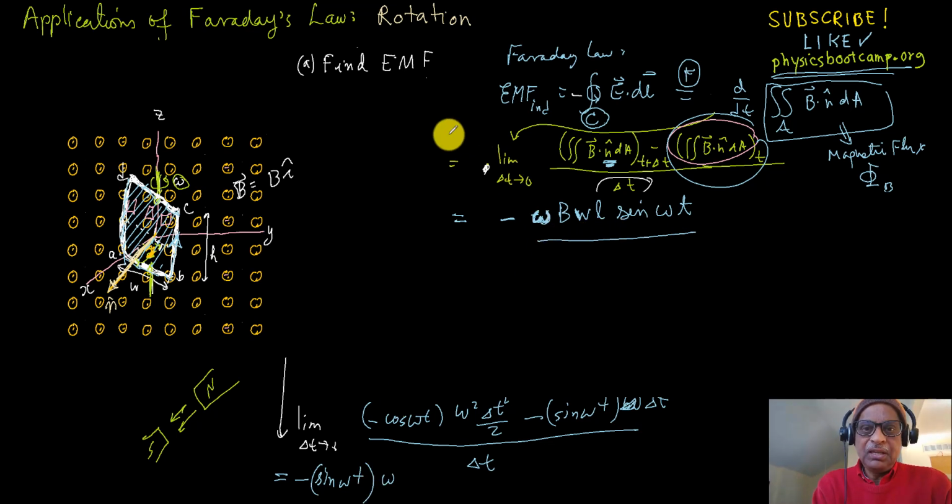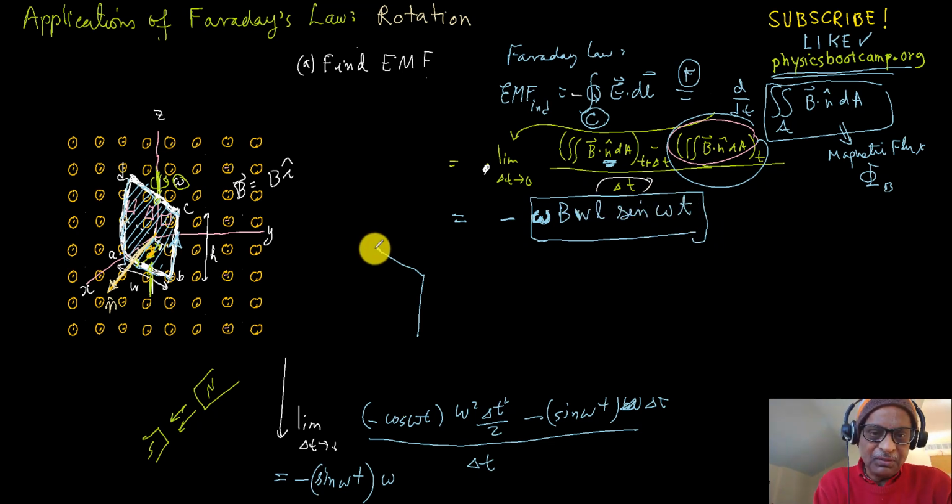So the EMF is actually, say this thing is, look at a time when sine omega t is positive. Initially let's look at what's going on at t equal to 0.